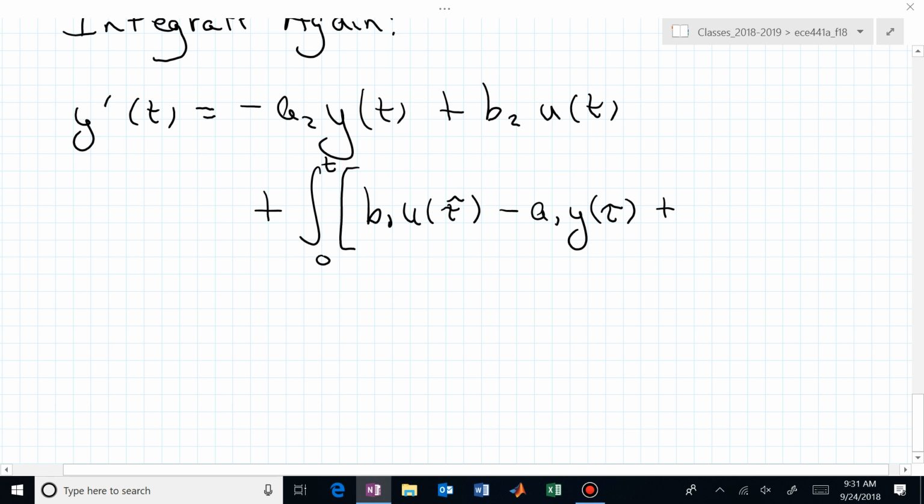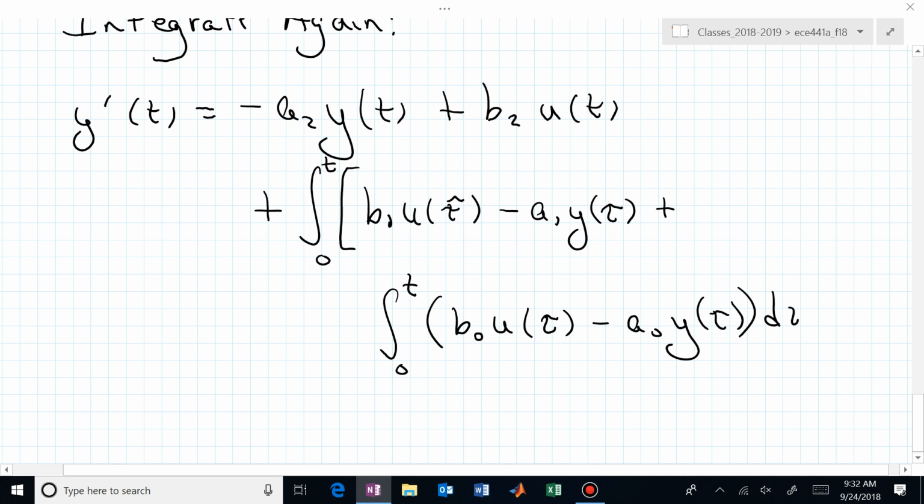Am I okay to go down a line instead of continuing to scroll? I have an infinitely wide page, or an infinitely tall one, but you probably only want to do the height-wise. So I'm going to do a carriage return and say plus the integral from 0 to t of what I had before, b sub 0 u of tau minus a sub 0 y of tau d tau, close the square bracket, d tau hat.